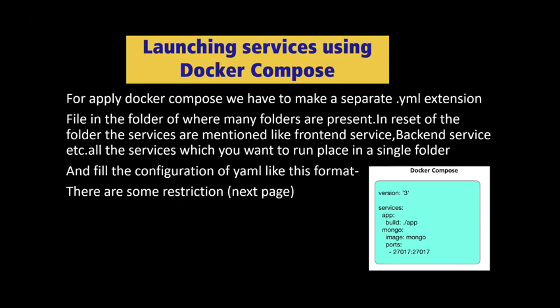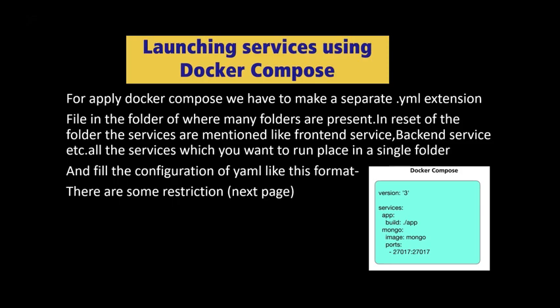Like if I created three services, firstly front-end code, secondly back-end code, and thirdly database management, and I want to start all three simultaneously, because our front end, back end, and database are directly integrated.